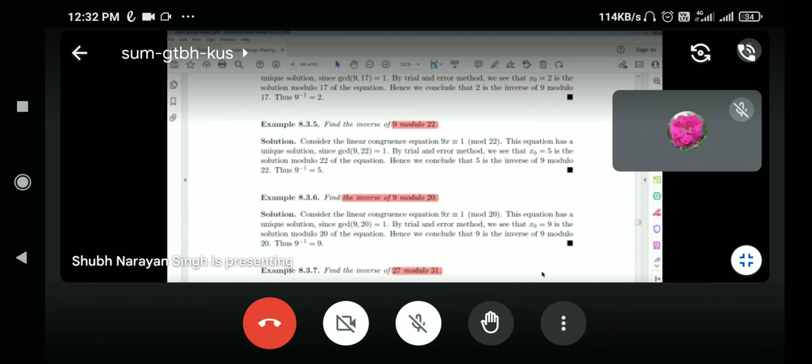So, it will not divide. I think that it will not divide. 27 into 7 is 189, and minus 1 is 188.